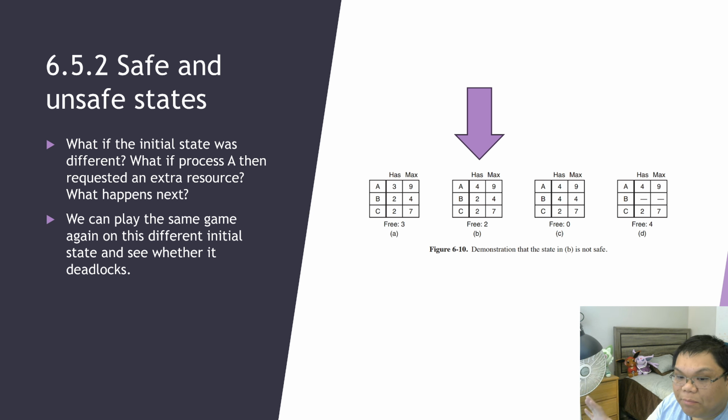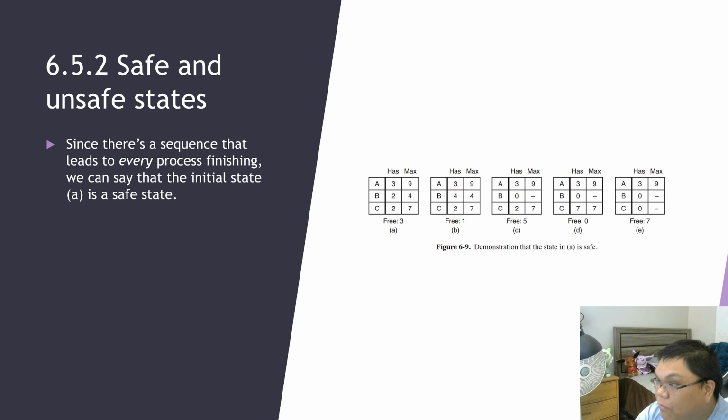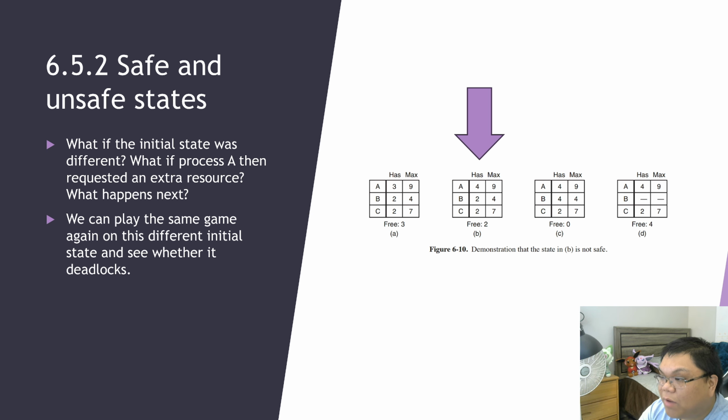If every process terminates, then we can say that this is a safe state, therefore we can fulfill process A's request. If it does not lead to a safe state, if it leads to deadlock, then we cannot fulfill process A's request. So let's say process A requests 1 more resource.